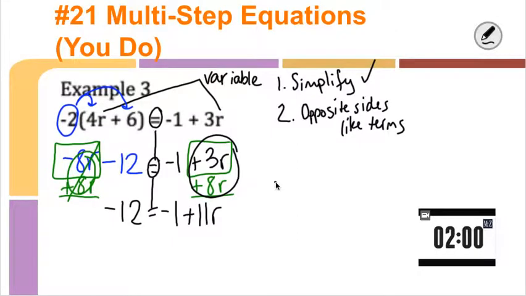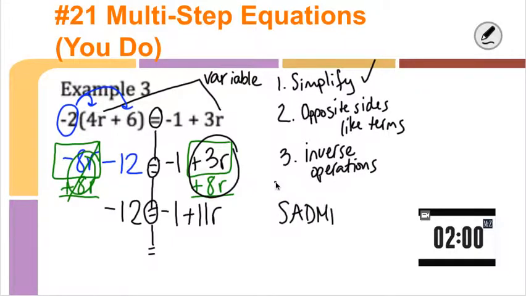Okay? Now, I'm down to a two-step equation. I can use some inverse operations using SADMAP. So now I think about what's being done to the variable. I see negative 1, add 11 multiplied by r. Okay?